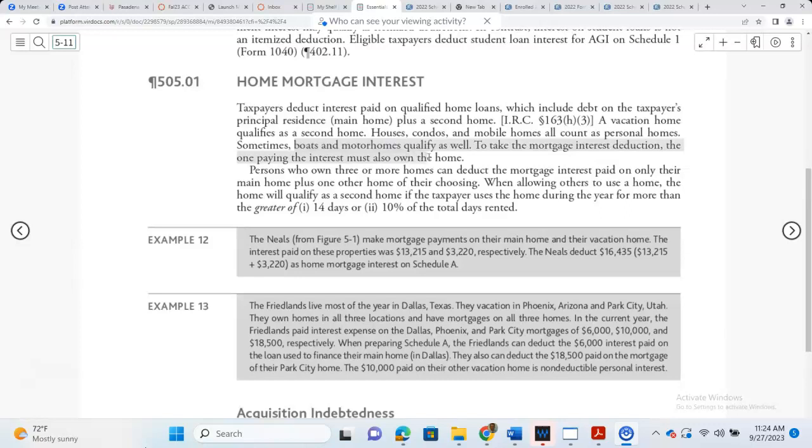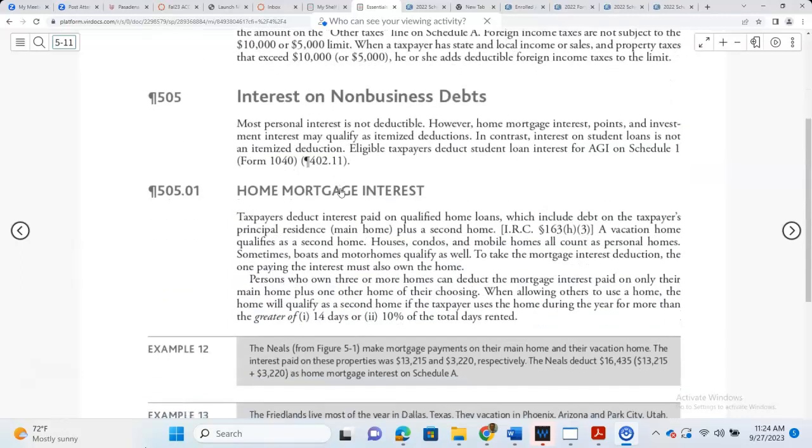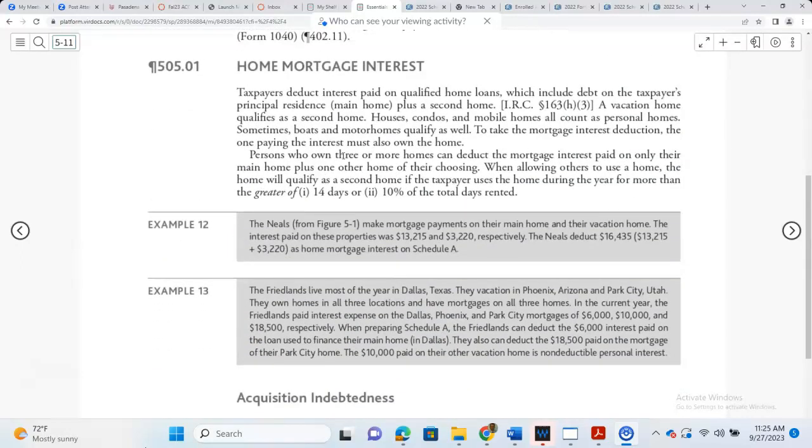Persons who own 3 or more homes can deduct the mortgage interest paid on only their main home, plus one other home of their choosing. Okay, so 2 homes max. The second home can be a motor home or a boat with a kitchen.